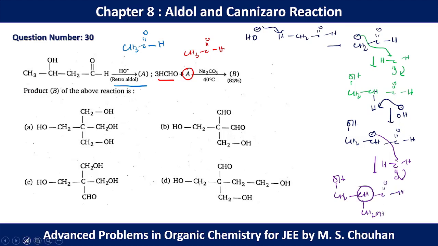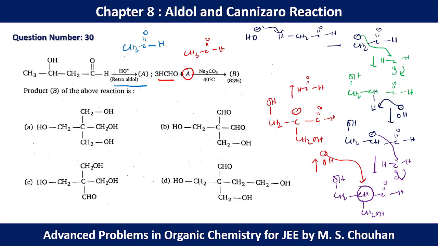The last alpha hydrogen again will be abstracted by the basic medium, that is OH minus. We can have a negative charge over here, CH2OH, CH2OH minus CHO. It can react again with another equivalent of formaldehyde, so the negative charge will approach this. So finally we can have 3 equivalents of CH2OH along with carbon and CHO. So for question number 30, option C should be the correct option.